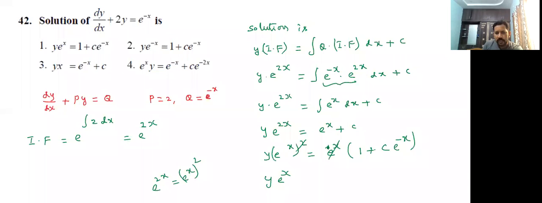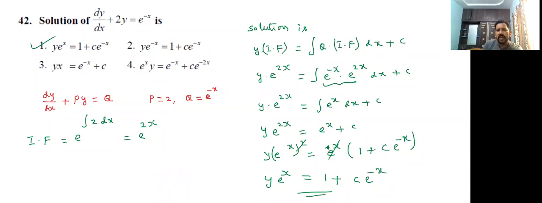One term is going to cancel. So the final answer is y into e power x is equal to 1 plus c into e power minus x. This is the answer. Students, observe which option is correct? First option. So the calculation is done by observing the options.